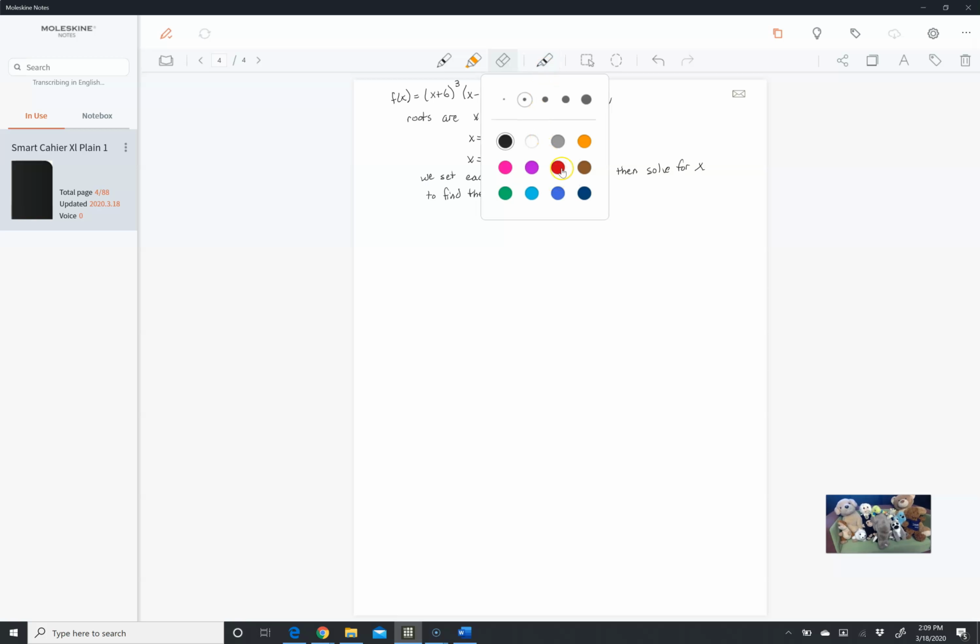So 3 is the multiplicity. At x equals 4, if we look at the exponent here, we can see that it's 2. So 2 is the multiplicity. And at x equals -5, we can see that there is no exponent, so the multiplicity is just 1.